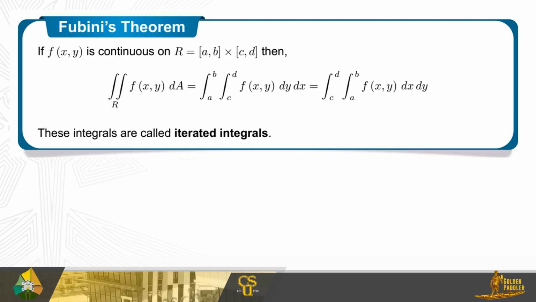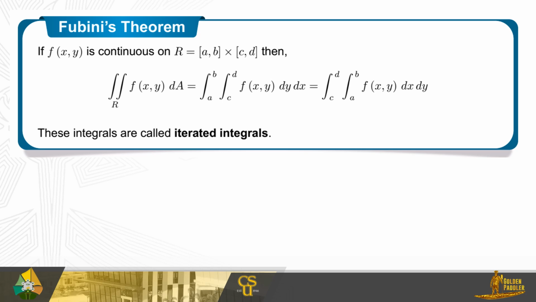So for today's discussion about double integral, let's consider first Fubini's theorem. For Fubini's theorem, assuming that we have a function in two variables, x and y, which is continuous on a region [a, b] cross [c, d], then the double integral can be swapped.